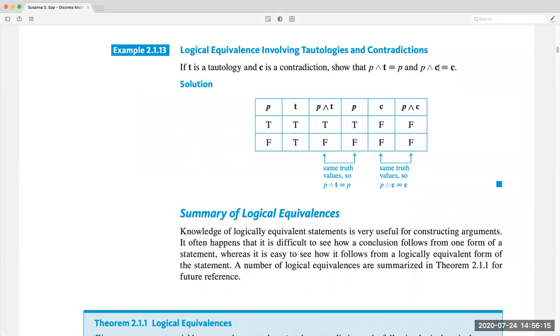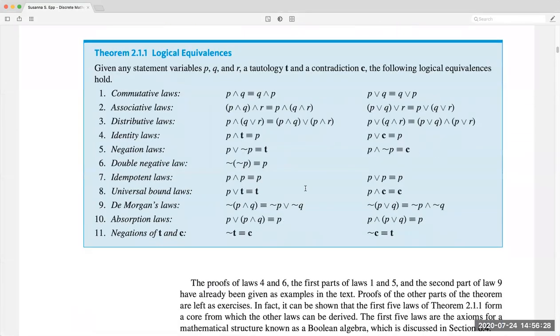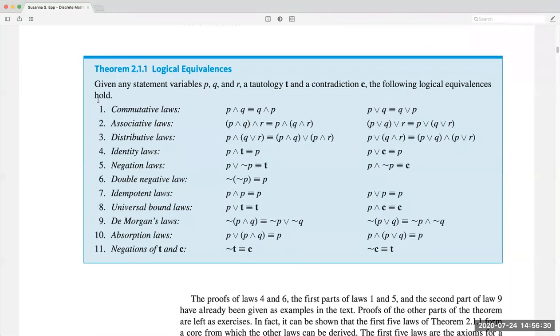I think they may use C or F to represent the contradiction or a false statement. So right now we have learned everything here. Let me capture the screen and then send it in the group.